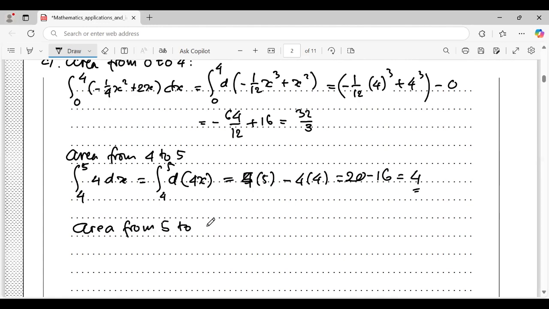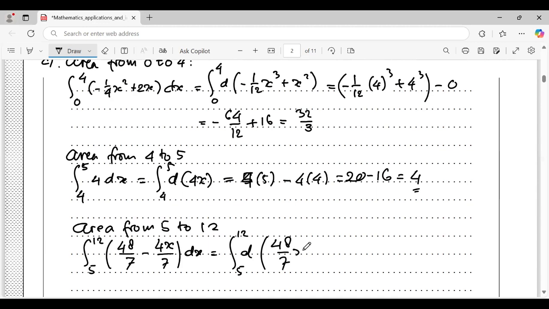From 5 to 12. This is the function, 48/7 minus 4x/7, dx, from 5 to 12. And the integral of this expression is 48/7 x minus 4/2, it means 2/7 x squared. After that, substitute 12 and 5.